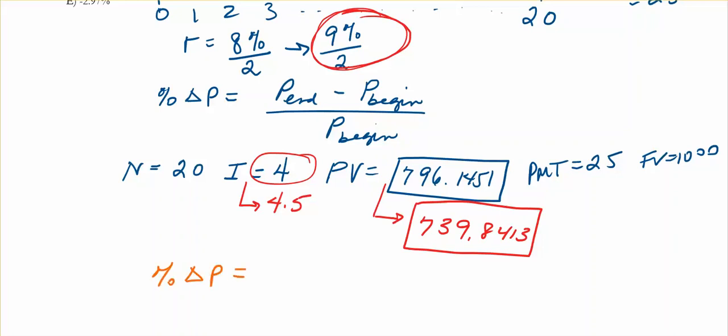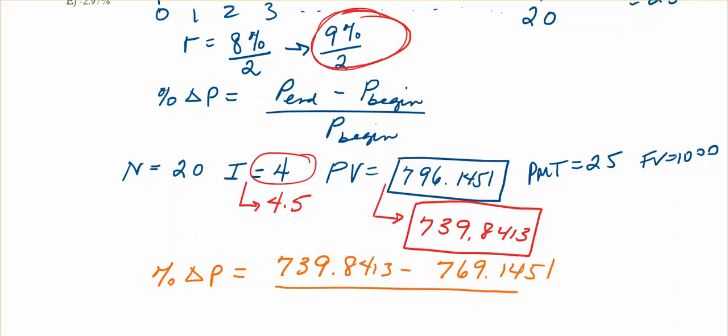We have percent change in price now being the price after the interest rate goes up minus the price before the interest rate goes up, divided by the price before the interest rate goes up.